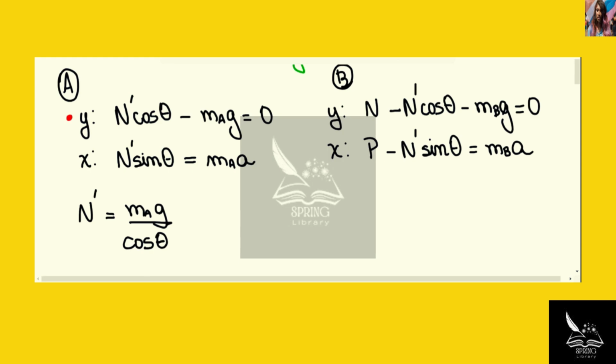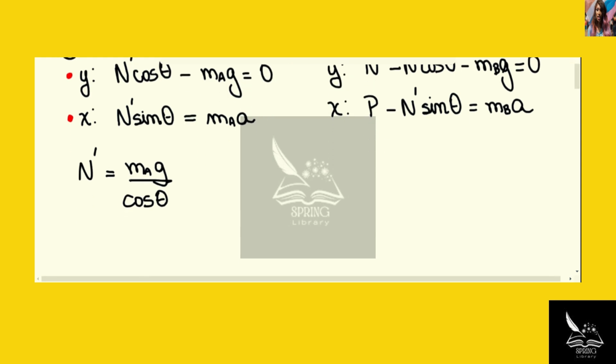And if we plug this into the equation for the x coordinate, this one, we have that G is equal to A times the cosine of theta divided by the sine of theta. So A is equal to G times the tangent of theta.